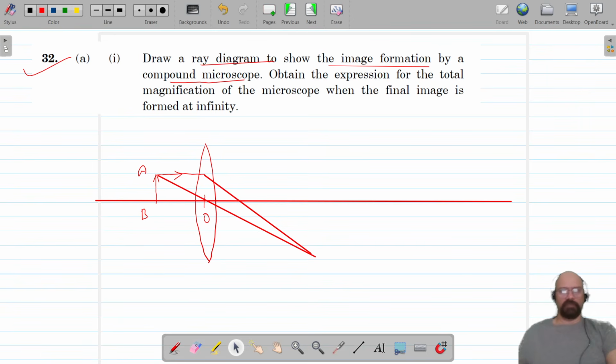So they will form the image which is real and inverted and magnified. This is the image. We denote it by A dash B dash.